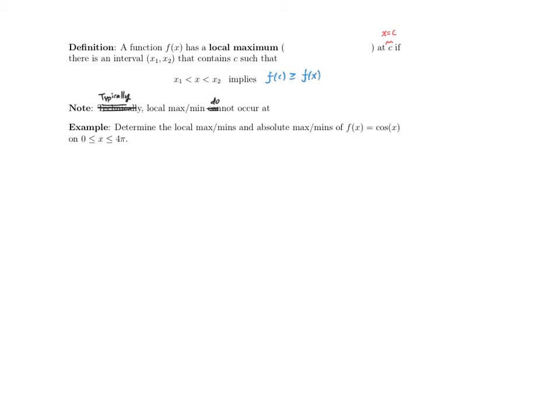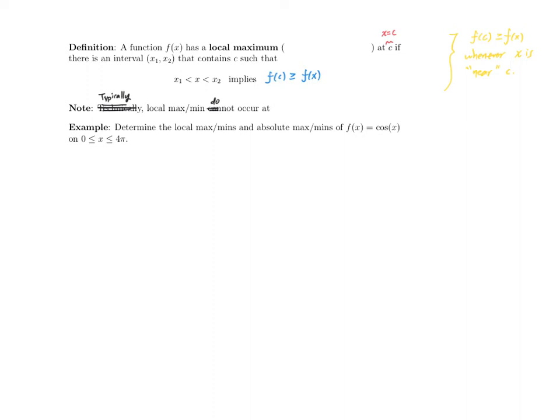And I do want to note there's a very intuitive feel to this. Kind of what we're saying is that f of c is bigger than or equal to f of x whenever x is close to, or we'll say near, c. So locally around c, f of c is the largest possible function output.